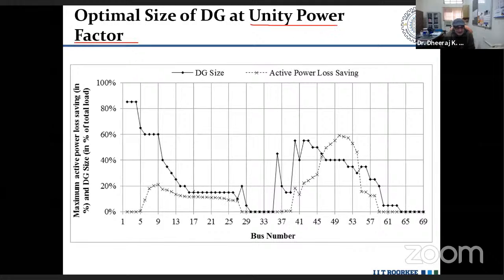Here also we get different DG sizes and corresponding active power loss savings, which again differ for different buses. Here also we get the maximum loss saving at bus number 50. We can achieve about 60% loss saving if we place a DG of 40% of total load at bus number 50.